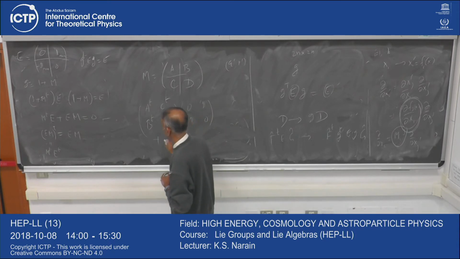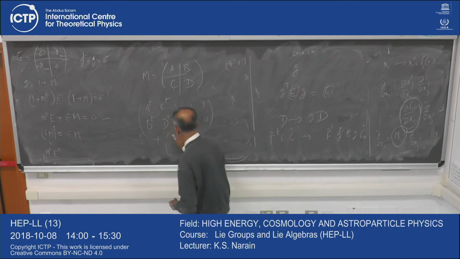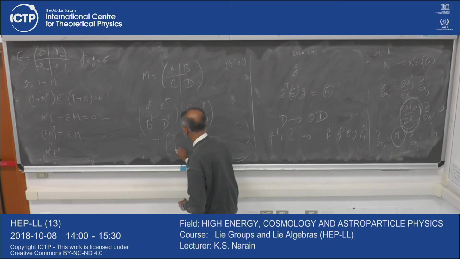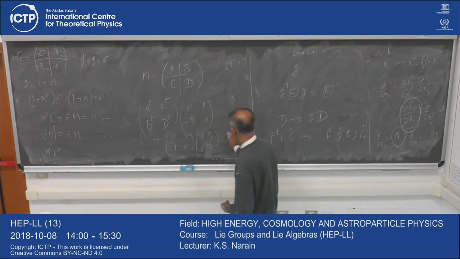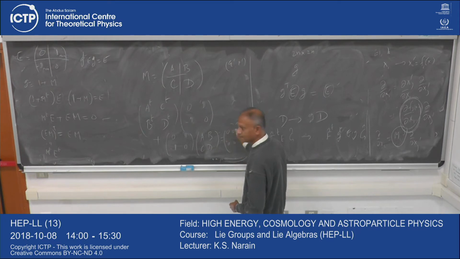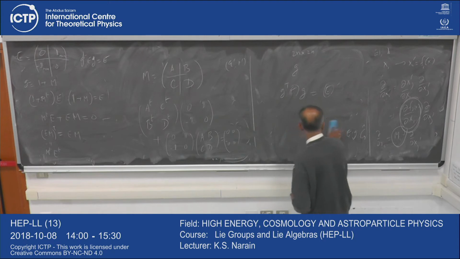And here, for the other term, EM is 0, identity, minus identity, 0, and then you have A, B, C, D. That's equal to 0, 0, 0, 0, right? That's the equation. So we can open it up and see what kind of equations we get.